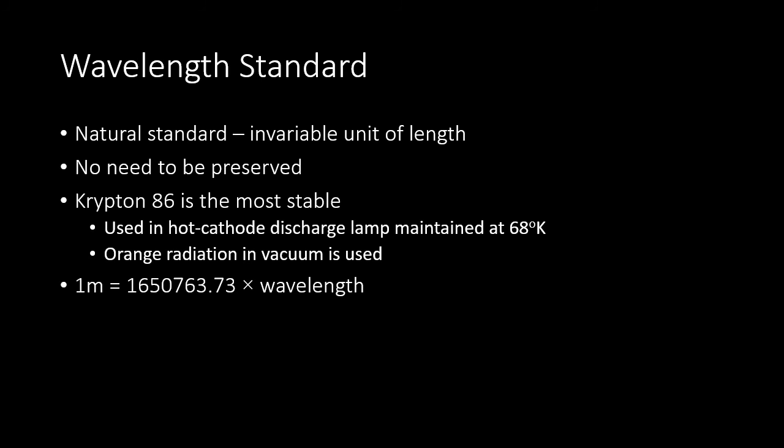Then a relationship between 1 meter and the wavelength of the orange radiation of krypton 86 was established, which was found to be 1 meter equals a constant term times the wavelength of the radiation of krypton 86.